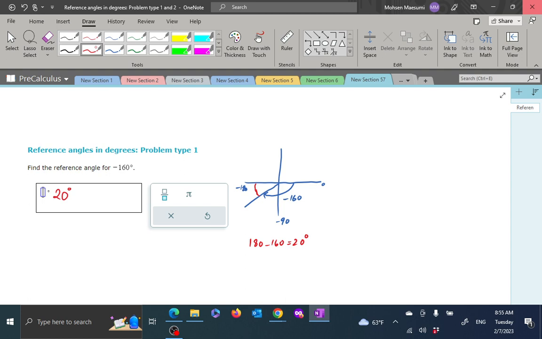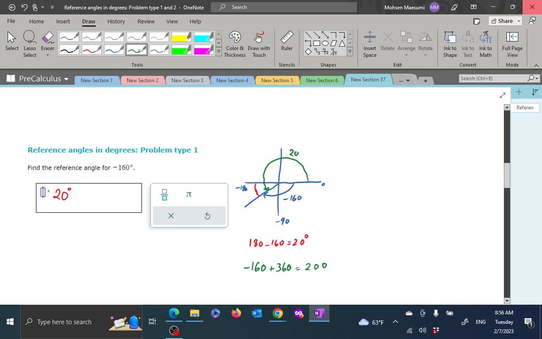What if I wanted to deal with positive numbers? Well, I want to go this way. If I want to go that way, how much would it take? I have minus 160, I add 360 to it until it becomes positive. So this becomes 200 degrees. So this is 200.